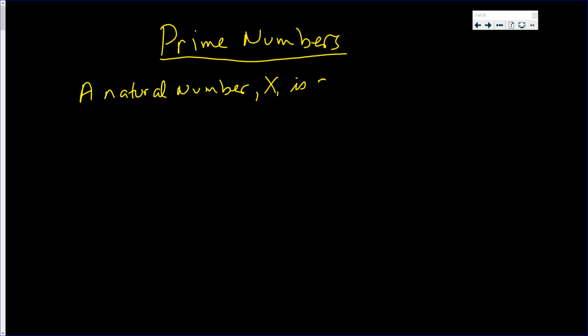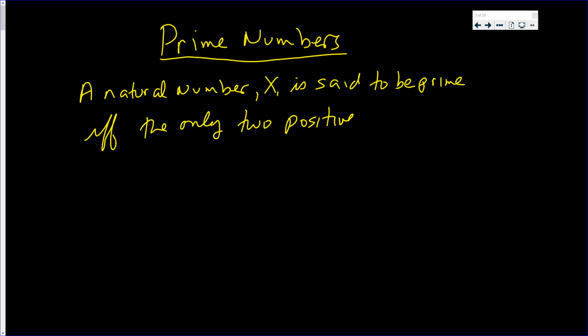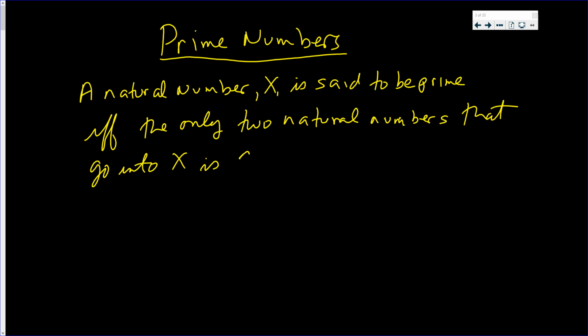x, is said to be prime if and only if, that means precisely when, the only two positive numbers, let's say the only two natural numbers, the only two natural numbers that go into x is 1 and x itself, and 1 is not prime.